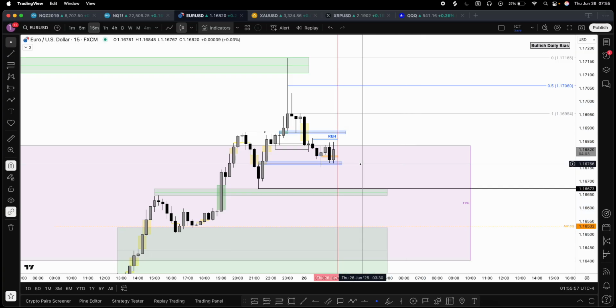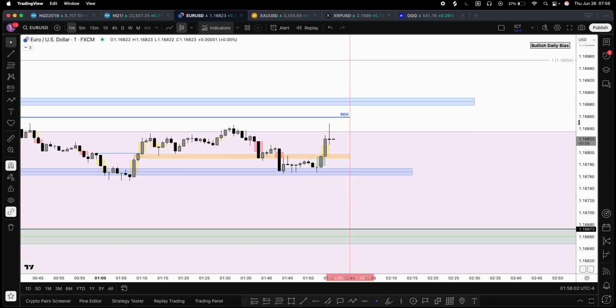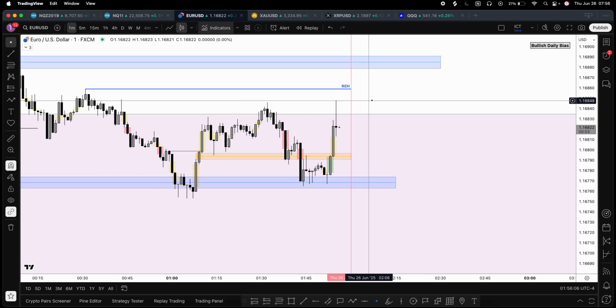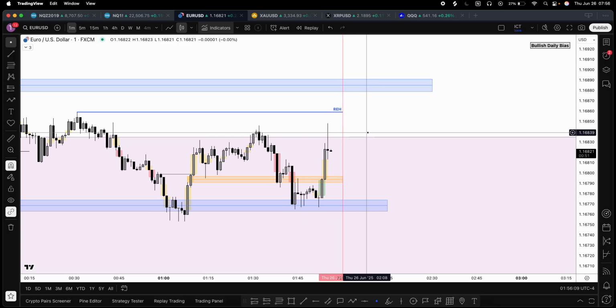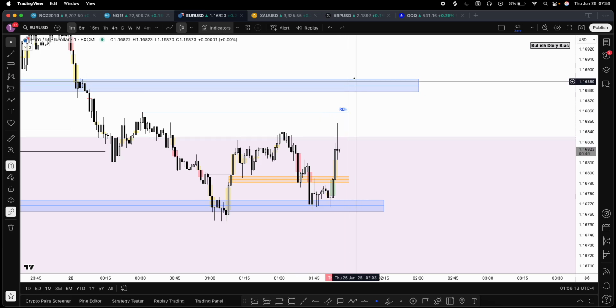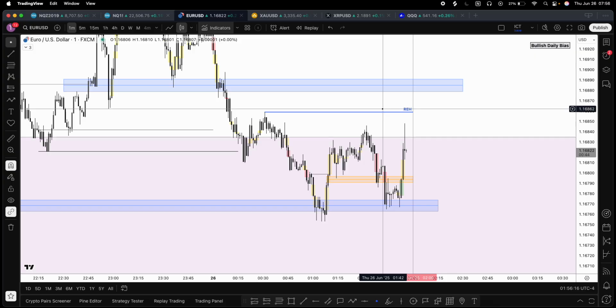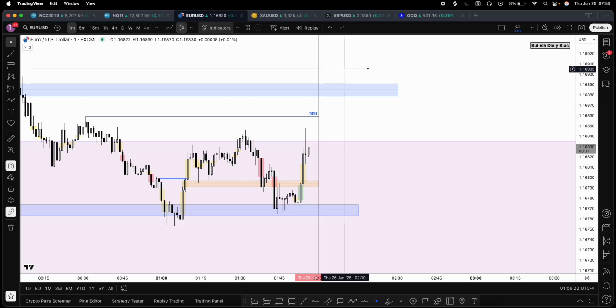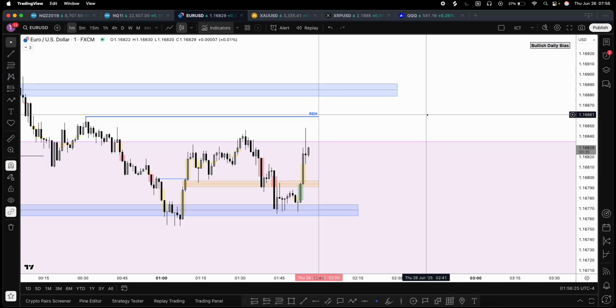I think I'd rather wait for a lower time frame entry model. So maybe price comes up here and reacts to this 15-minute inversion fair value gap, and we get a 1 minute entry model. Then we can enter because we'll have a tighter stop and a closer target, so technically it's higher probability, or just an easier target.